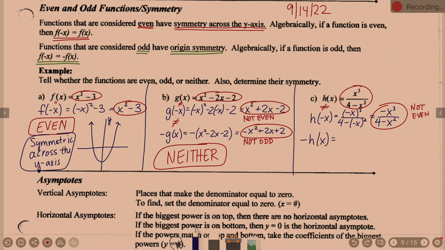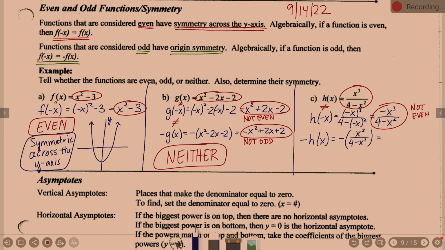Negative h of x. So that means I take the function and I multiply it by a negative. So I'm multiplying the fraction x cubed over 4 minus x squared by a negative. So when I'm multiplying by a negative, that's like multiplying by the number -1, if you will. What is -1 as a fraction? -1 over 1?